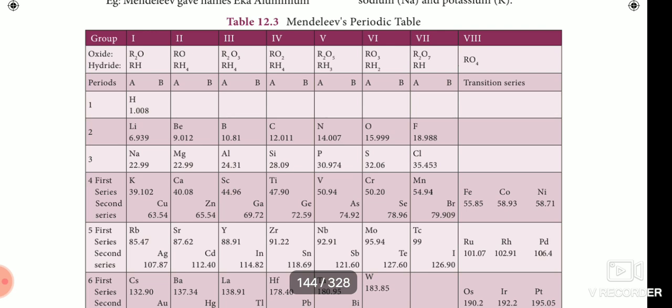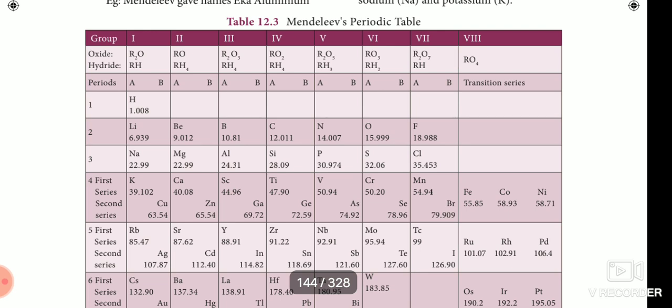Nitrogen has atomic mass 14, but the Mendeleev periodic table arranges beryllium, whose atomic mass number is 9. So beryllium is arranged in the proper place.